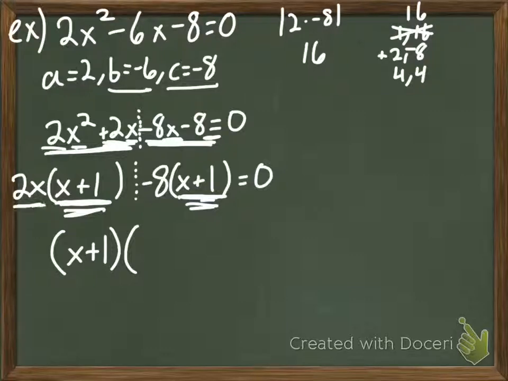So there's a 2x left over, and there's a minus 8 left over. Equals 0. And there you have it. There's our factored form. And then we would solve to figure out what x equals. But you guys know how to do that, so I'm not going to go into that.